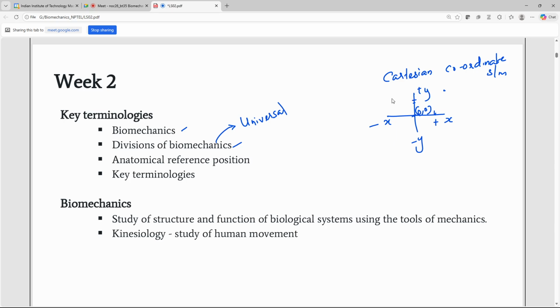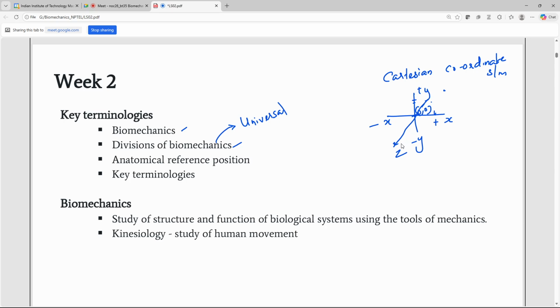So this is one frame. Simply, what I am discussing in 2D is one frame. If we want to convert this to 3D, we only have to add one more axis, the Z axis. So this is one frame of reference, and we can fix one reference axis.